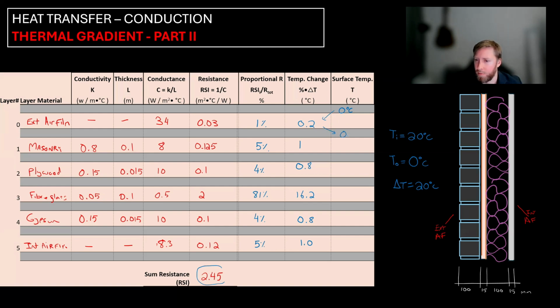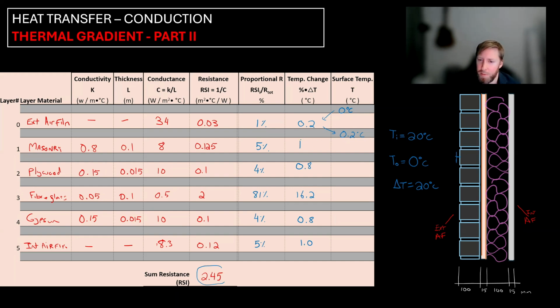So we're going to get 0.2 degrees Celsius. Okay, so that means when you're just outside the wall surface, you're at 0 degrees. But as soon as you get right up to the surface of that wall, the temperature actually increases to 0.2. So not much, but there's a slight increase. And that's the temperature change that occurs along the air film.